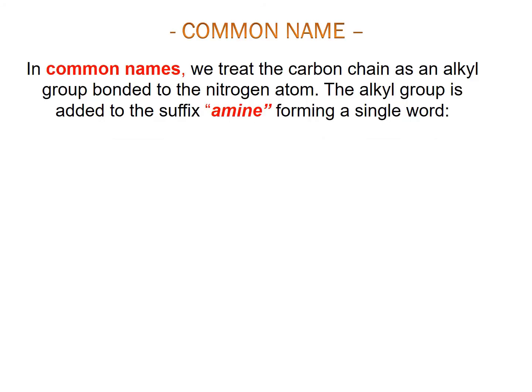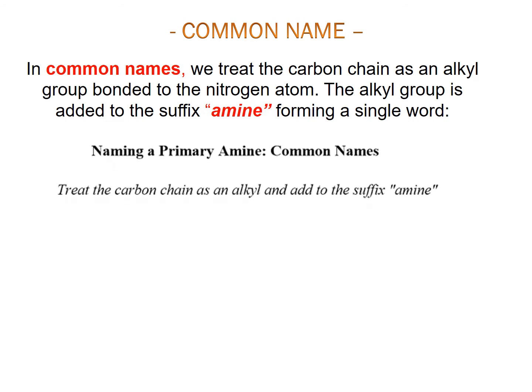In common names, we treat the carbon chain as an alkyl group bonded to the nitrogen atom. The alkyl group is added to the suffix amine, forming a single word. Example, butane, we change to the alkyl group butyl and add the suffix amine.